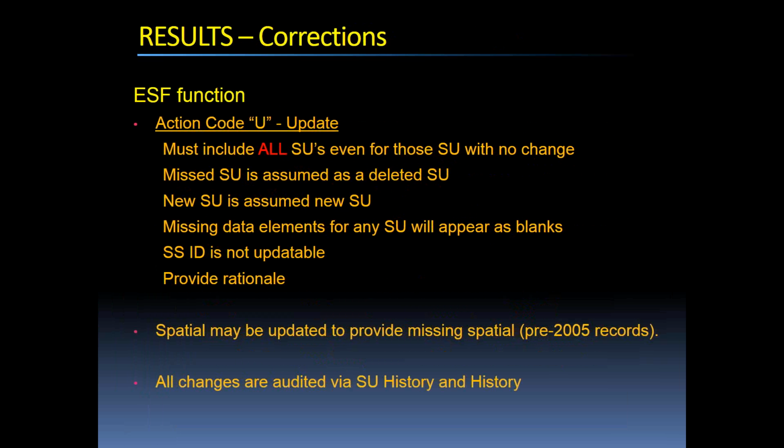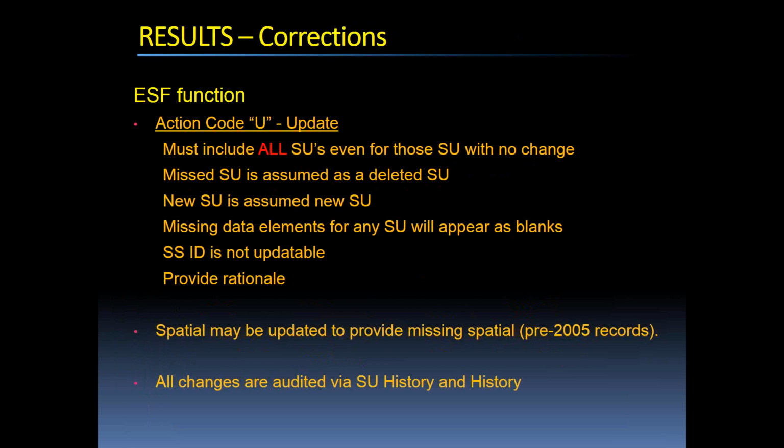And with the corrections, because we're dealing with silviculture prescriptions, you're not allowed to include a standards regime ID. This is like the approved stocking standard unique identifier, because the concept is that you're correcting a silviculture prescription like for like, and so you're not allowed to make changes to that.